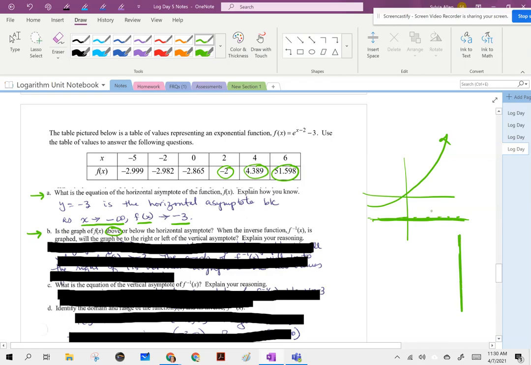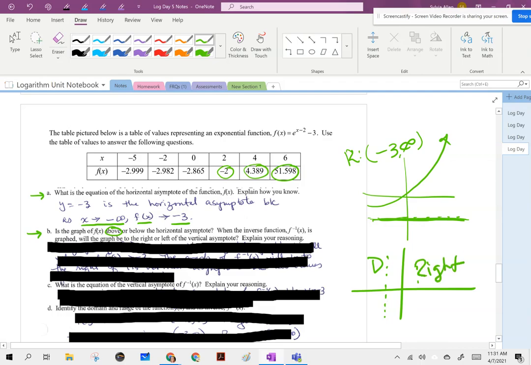And then since your domain ends up becoming your range, which in this case is from -3 to infinity, that's the range, that is going to be your domain on your logarithm. So -3 is going to be your vertical asymptote, and your domain is going to be from -3 to infinity, so it's going to be on the right side.